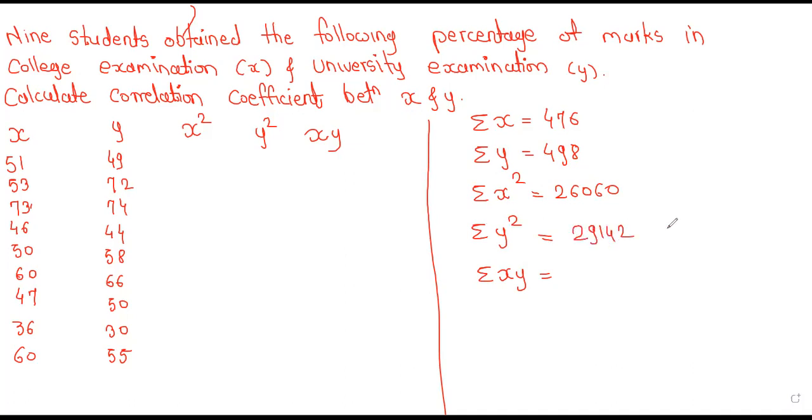And last is shift 1 3 equal to, summation of xy is 27331. And finally shift and 2 forward arrow, r value is 0.8376. So the coefficient of correlation is 0.8376.